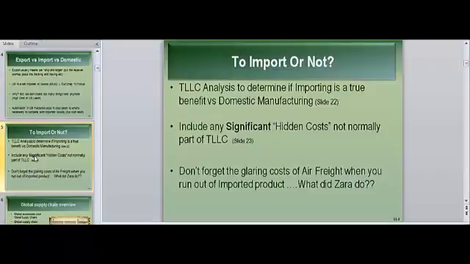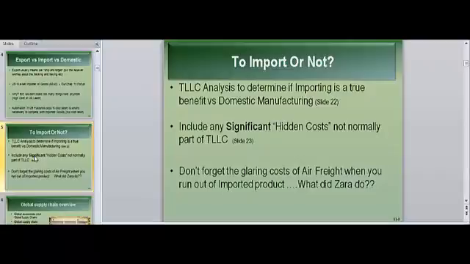Now, the question in much of this lecture, and basically for the business case, is, I feel like Shakespeare, to be or not to be, it's to import or not.